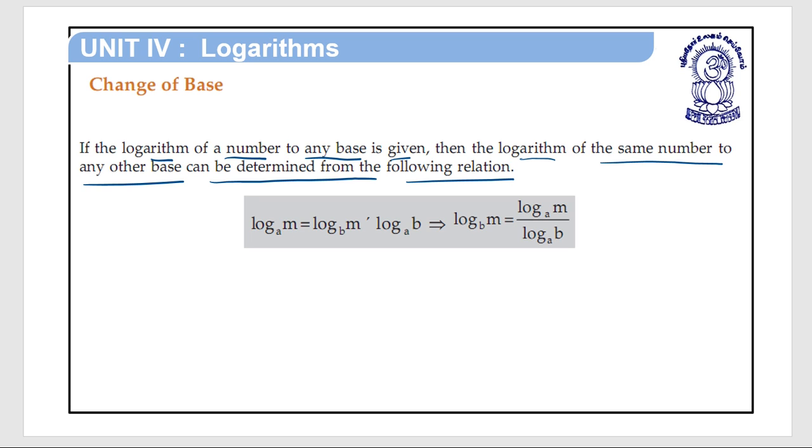Log m to the base a is equal to log m to the base b into log b to the base a. So we can write log m to the base b is equal to log m to the base a by log b to the base a.